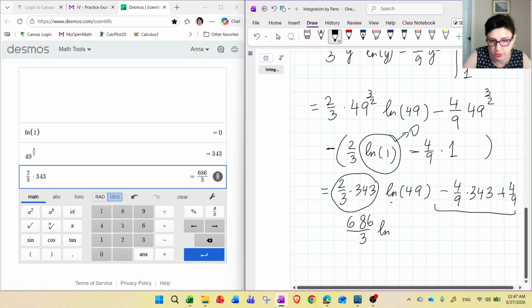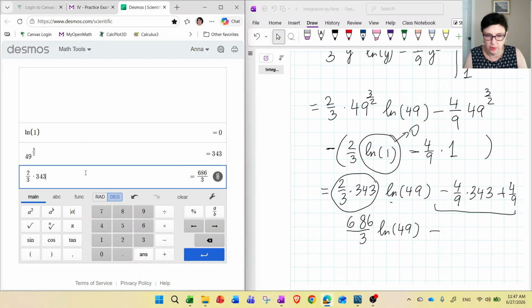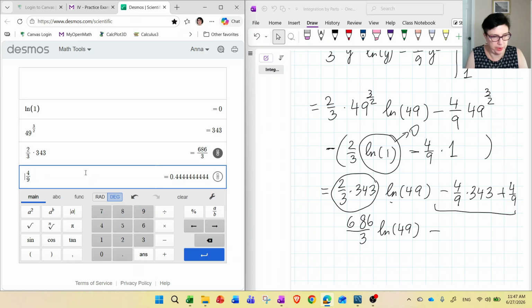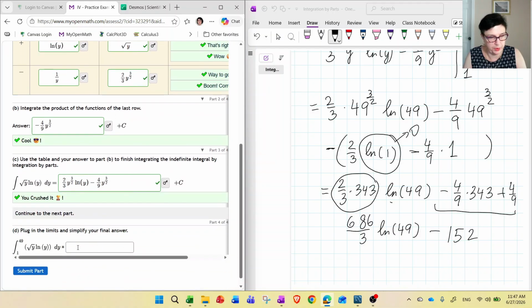That wasn't reducible. So then you have natural log of 49, and then what is this? Well, let's compute that. Actually we have a negative here, and then we have plus 4/9. In this case, I guess I got some nice number, negative 152. So let's put that in here and hope that I got it.